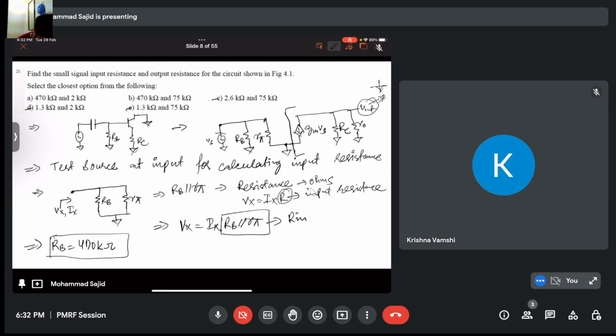Because Rb is 470k, you will look for the answer in these two options, and maybe you will guess and do it wrong. You have to be very careful while drawing the equivalent circuit. R pi should not be ignored. That is an important element in the equivalent circuit for BJTs. So how do we calculate R pi?